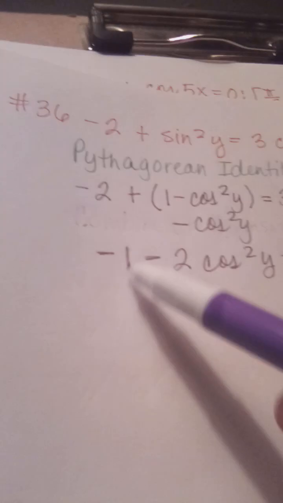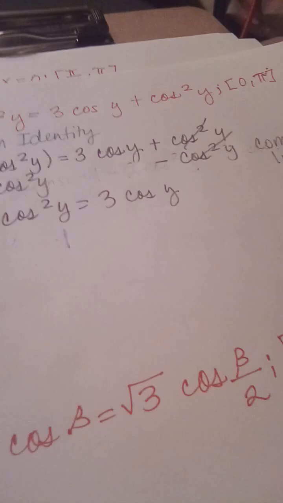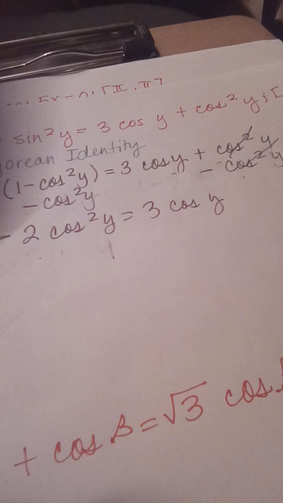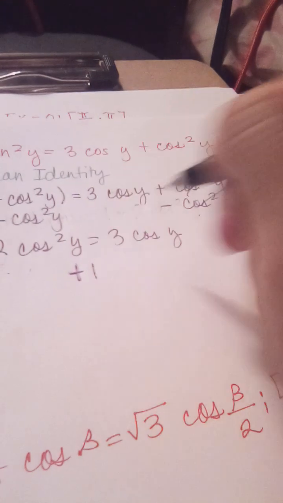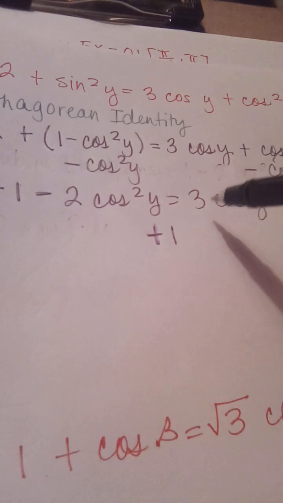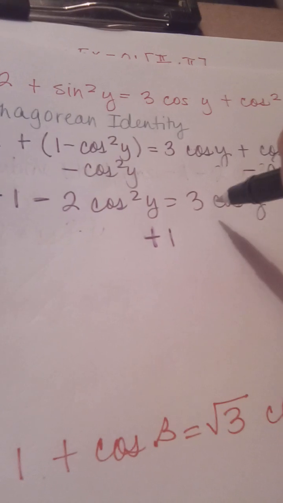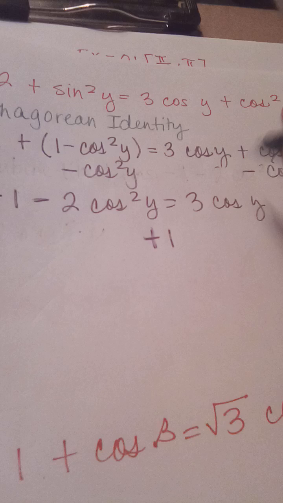You see the negative 1? That'd be at the end. I'm going to put plus 1. All right? And this will bring it over. We'll bring this over and rearrange it just a bit.